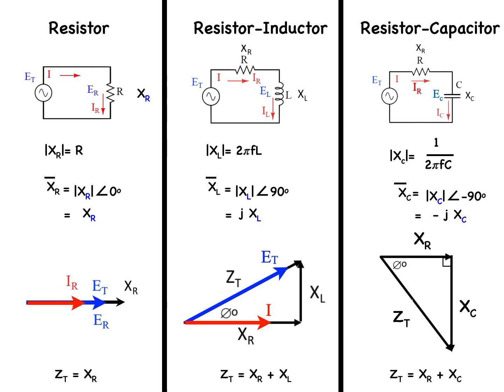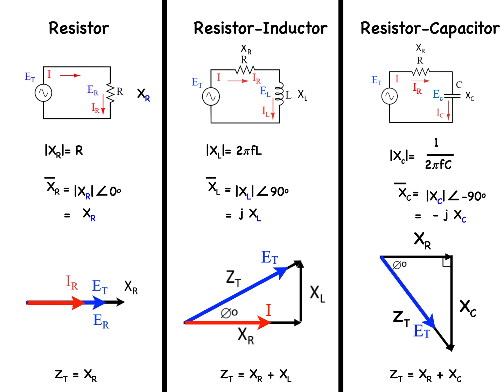We then replaced the inductor with a capacitor, and we found that the magnitude of the capacitive reactance was 1 over 2 pi FC, and in phasor notation it would be XC at minus 90 degrees, or in rectangular notation, minus JXC. And the two reactances, one for the resistor and one for the capacitor, add up, as you see there in the phasors, to give us the total impedance of the circuit, ZT.